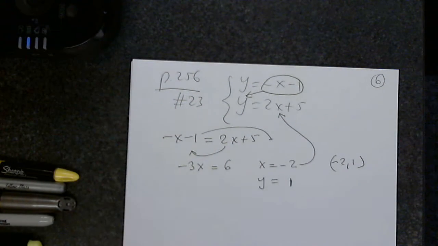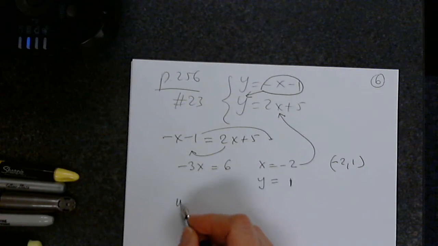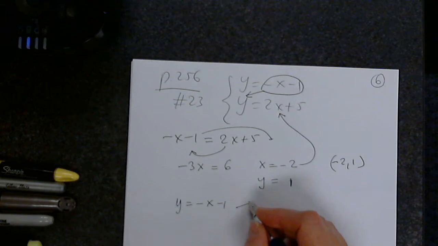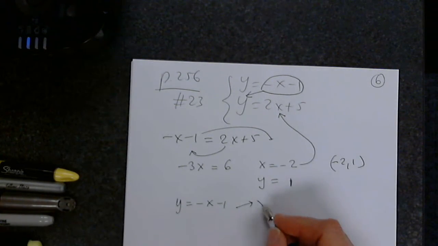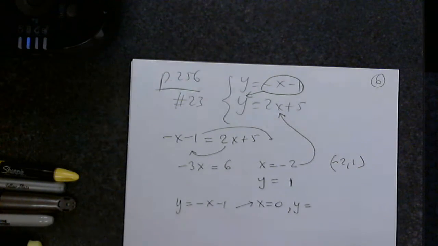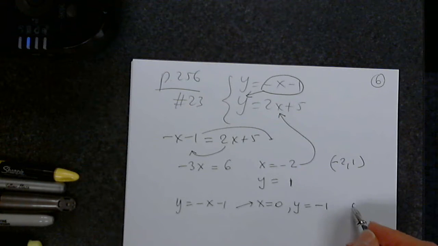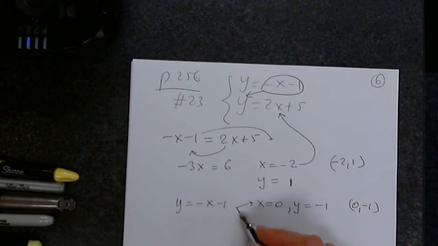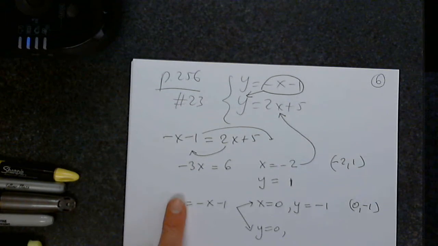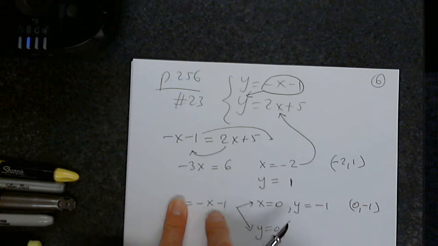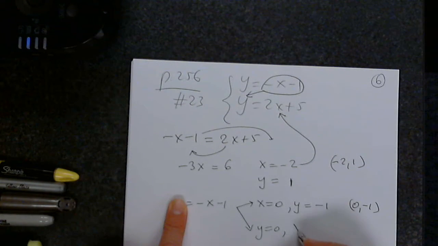Good. So let's graph y equals negative x minus 1. When x is 0, I already know the y-intercept, but let's say when x is 0, how much is y? Negative 1. Good. So I have 0 comma negative 1. And then when y is 0, perform the calculations. I have to move negative x here, and it becomes positive. So then x will be negative 1.